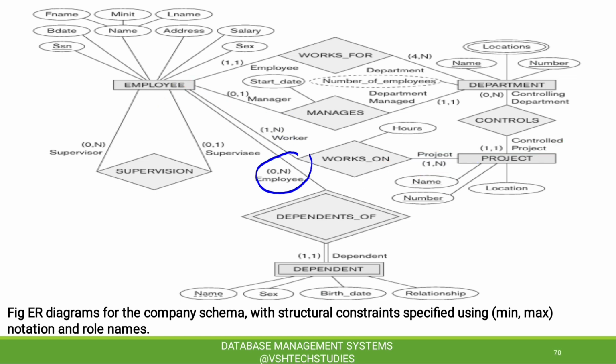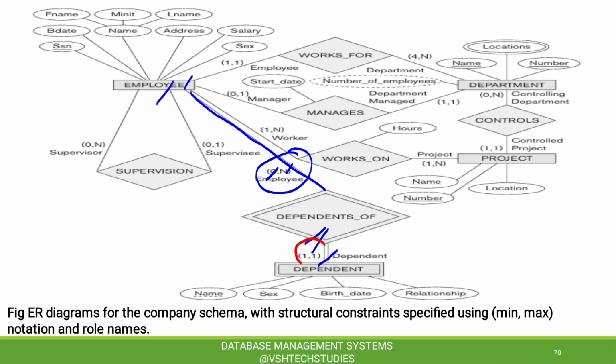Next, if you consider this min-max pair 0, n being written on the line joining employee entity with dependence of relationship. This minimum number 0 indicates that an employee can have to the minimum 0 number of dependents, means he may not have any dependents. To the maximum he can have n number of dependents, means any number of dependents.